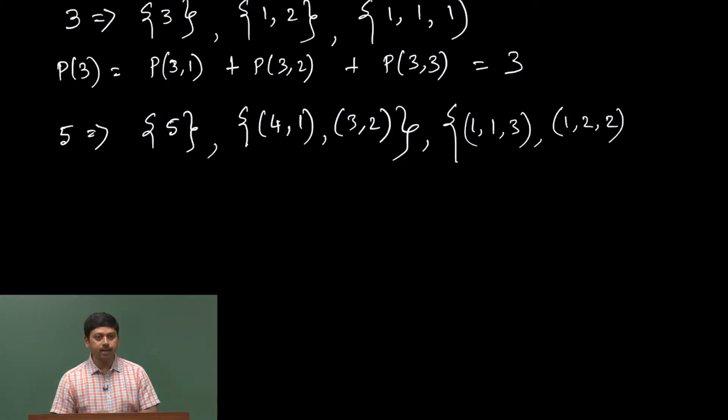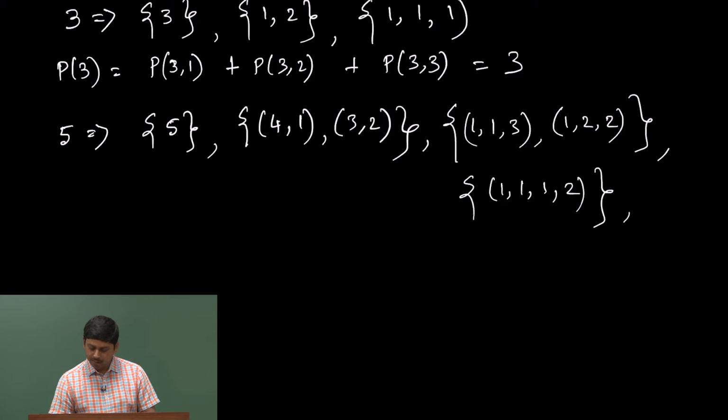Is there any other way I can divide it? No. So, that is the possibility. Now, 5 can be divided into 4 groups as 1 1 1 2 and no other way, and 5 can be divided into 5 groups in only one way, 1 1 1 1 1.